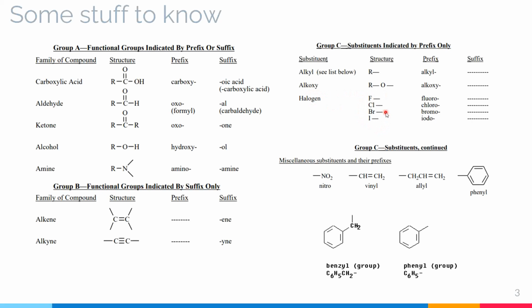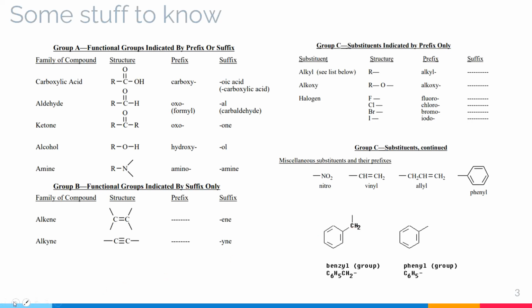The fluoro, chloro, and bromo and iodo having fluorine, chlorine, bromine, and iodine substituents. And here's other substituents. So NO2 is nitro, this is vinyl, allyl, and this is a phenyl substituent. And do note that benzyl looks exactly like phenyl, except it has this carbon and two hydrogen here.